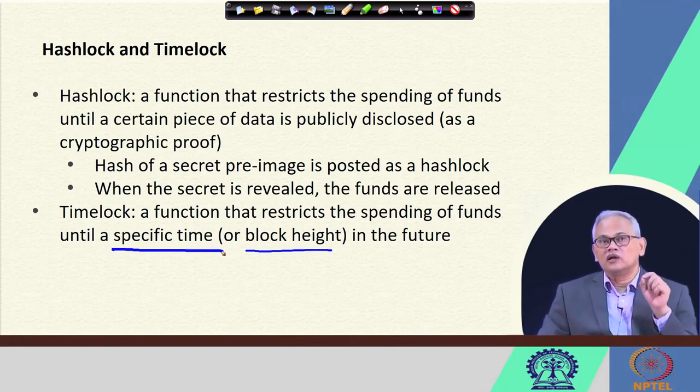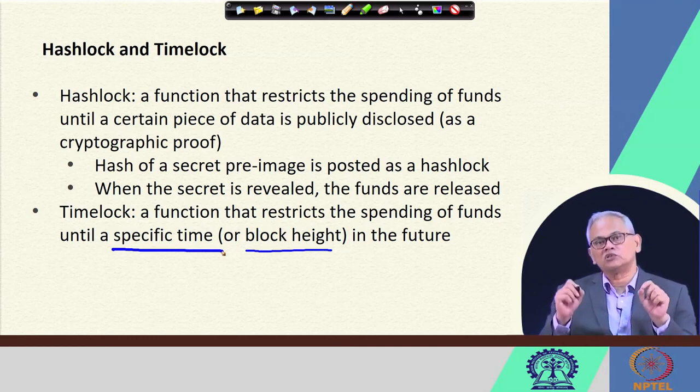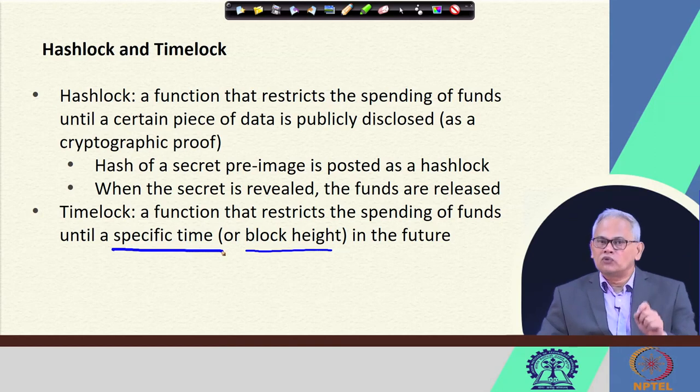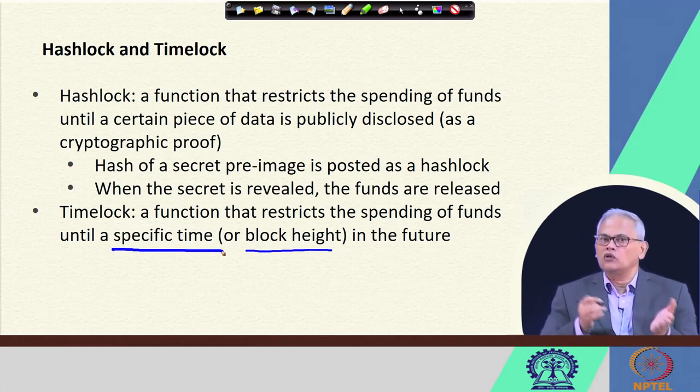Also remember that this is not something new that you are learning. When we discussed transactions in the context of Bitcoin, we talked about the script pub key and script sig, where we indeed took an example of a particular script. If you remember, we talked about some interesting scripts, and there was one that said unless that time is reached, the script sig will not be able to unlock that amount.